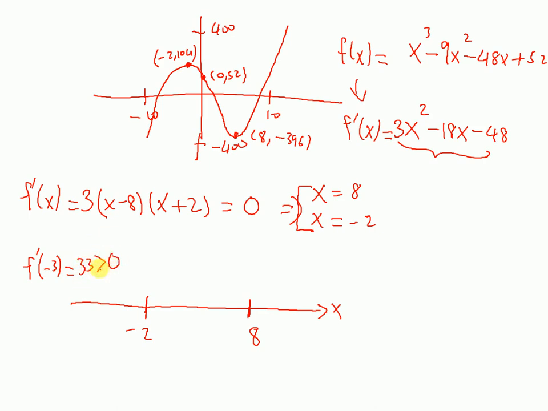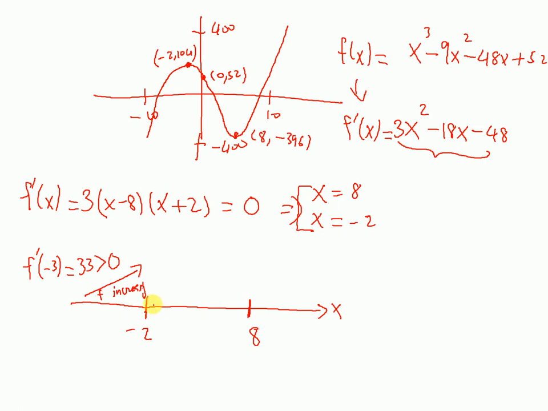And 33, of course, is positive. So in this region, on the left side of minus 2, I pick a test point of minus 3. I plug into f prime. It gives me a positive value. That means your function is increasing, right? Your f should be increasing.